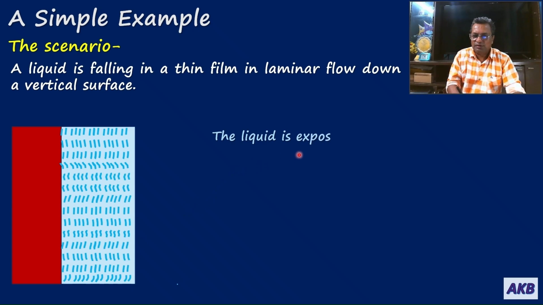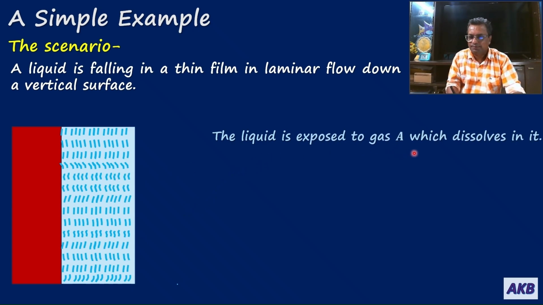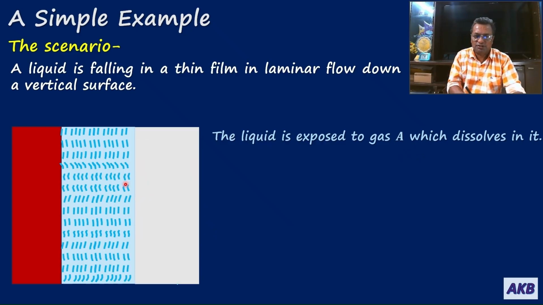Now the liquid in this case is exposed to gas E, which then dissolves in the liquid. This is gas E, and the gas is getting dissolved into the liquid.